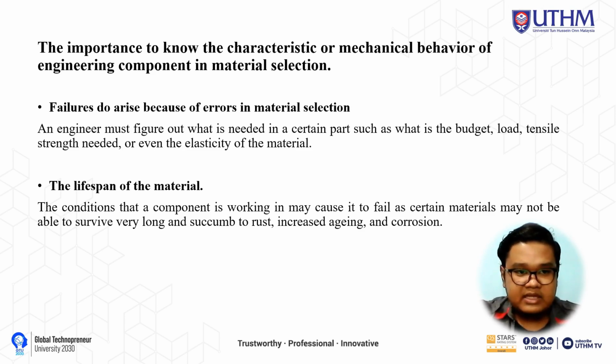Second, the lifespan of the material. The condition that a component is working in may cause it to fail, as certain materials may not be able to survive very long and succumb to rust, increased aging, and corrosion.